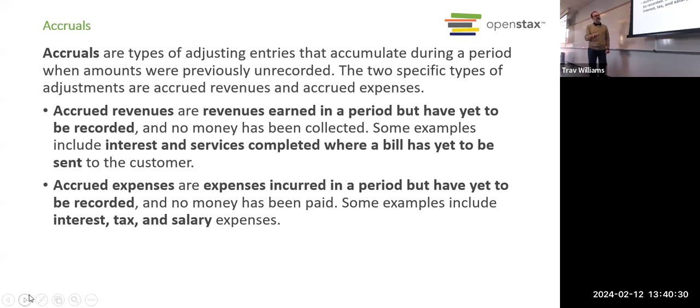Same thing with taxes. Companies have to pay income taxes, property taxes, sales taxes, payroll taxes, and probably other taxes too. But they accrue over a period of time, typically monthly or quarterly, and then the company sends in the tax payment. Same thing with interest on a loan that the company took out.